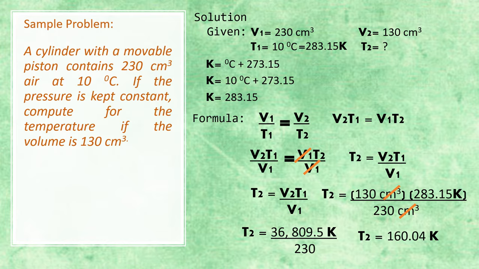Then the answer is final temperature is tantamount to 160.04 Kelvin. Again, Charles' law. Mataas ang initial volume kesa sa final volume, definitely ang expected nating sagot for our final temperature ay mababa. Sana ay tama ang iyong sagot.